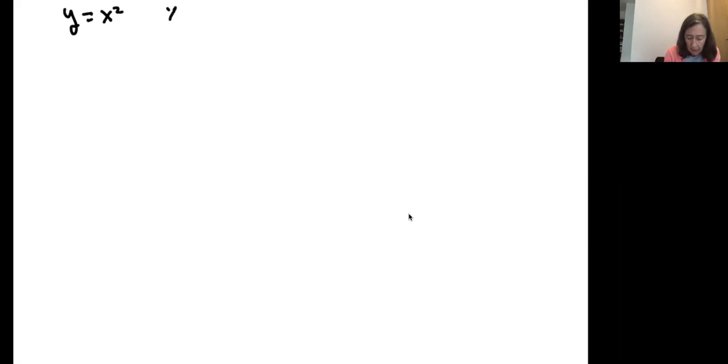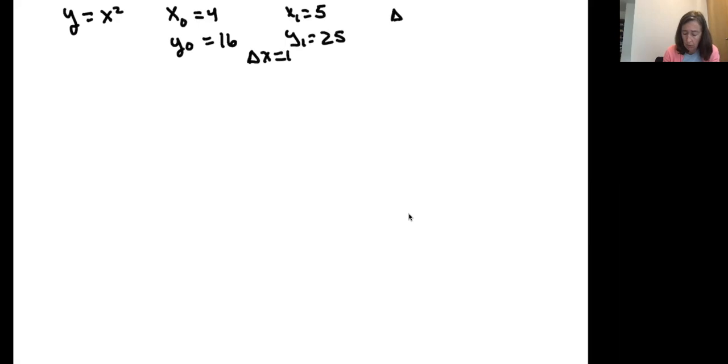So again, I think I'll start with x0 of 4. So now with this function, y is x squared. So if x0 is 4, then y0 is 16. And just as we did before, let's start with a delta x of 1 here. So we get x1 is 5, and y1 is 25.